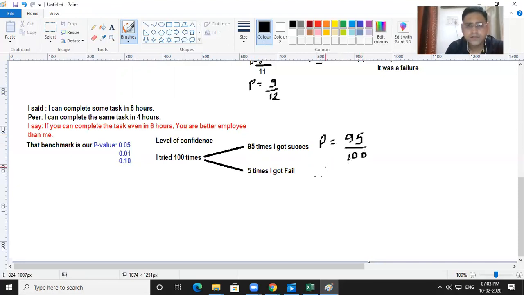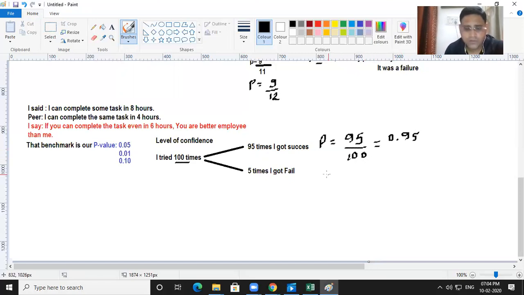Can I say that? Yes. So I tried 100 times, total number of events, and I got success 95 times. So 0.95 I can say, or I can say 95%. So this 95% is my level of confidence.